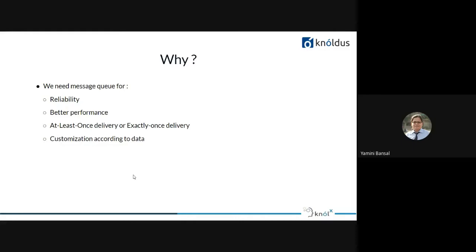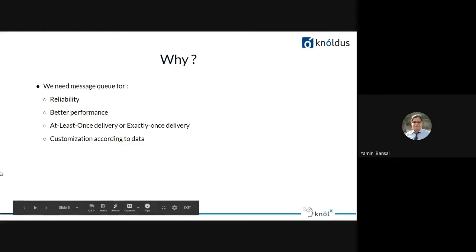Our message may not be of a definite format because the data can be unstructured. So we can customize our message queue according to the data coming. And yes, we can customize these message queues according to the need.